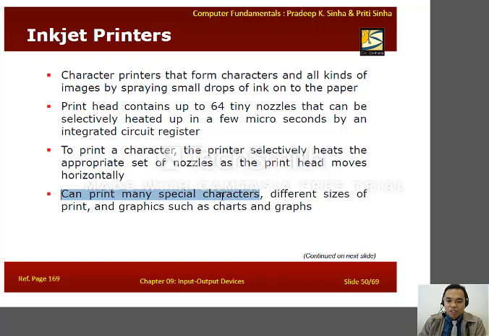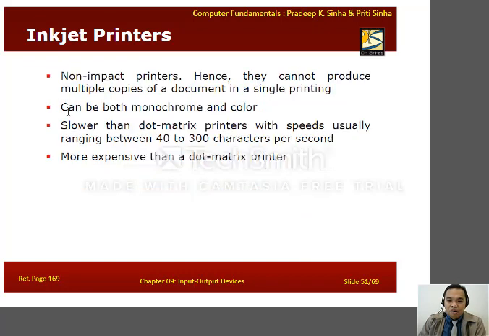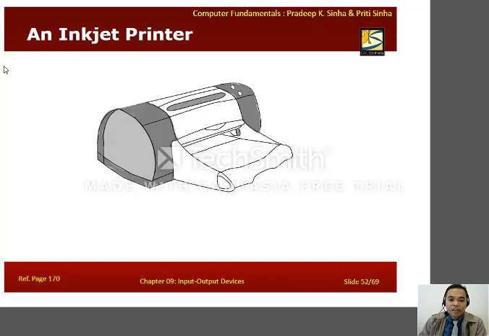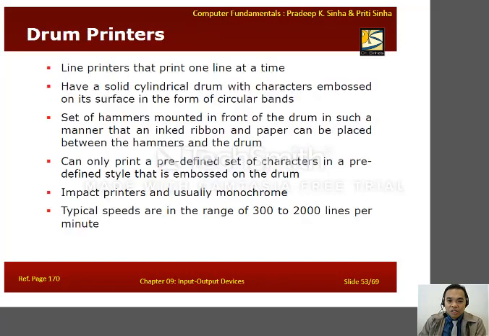They can print many special characters, can be both monochrome and color, and range in speed from 40 to 300 characters per second. But this type of printer is more expensive compared to dot matrix printers. Here is an animated picture of an inkjet printer.